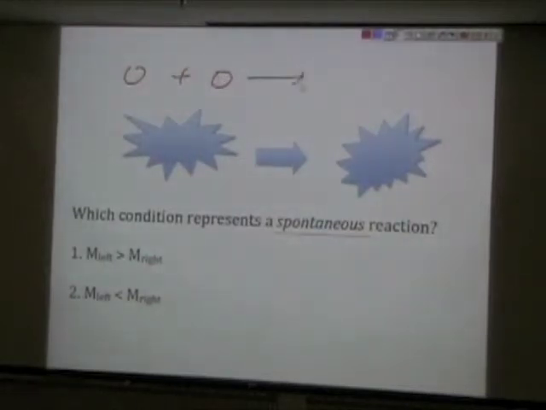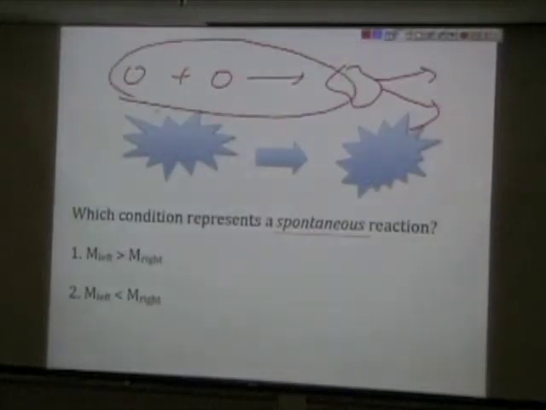We wait and see what might happen. We might end up temporarily with some kind of combined element, and eventually it decays again. But that's a different kind of reaction, not a spontaneous one. This is an induced reaction.